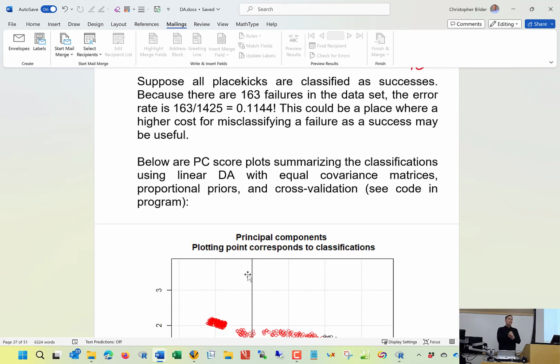You can see where you're maybe getting things wrong. There's other variations of that. For example, for observations that you're predicting wrong, on a parallel coordinates plot you could make them dashed lines versus just solid lines so that you can see that better.